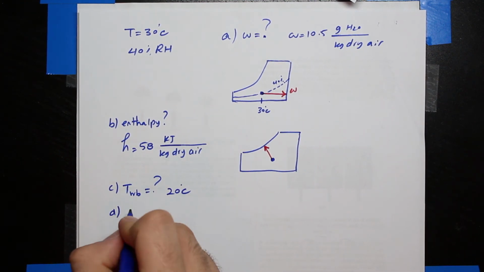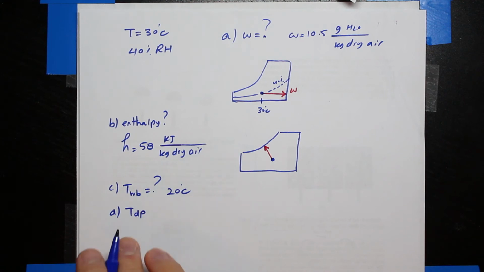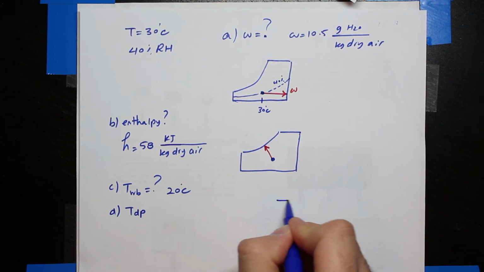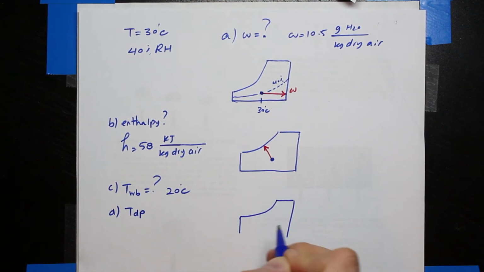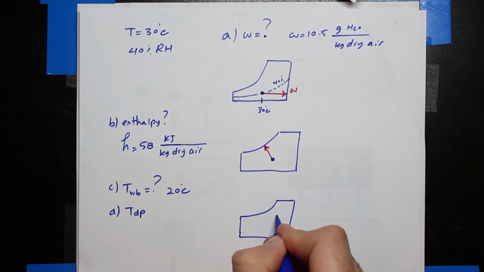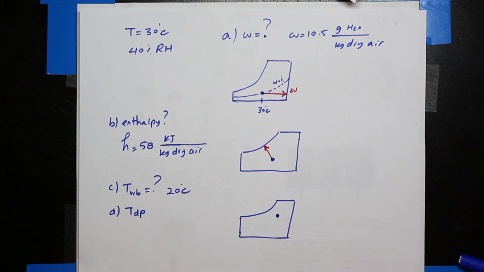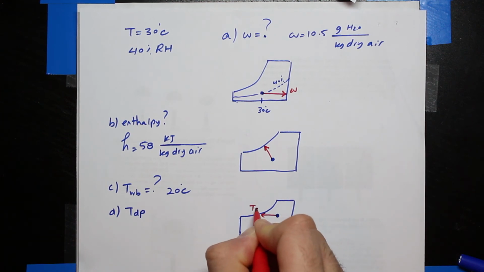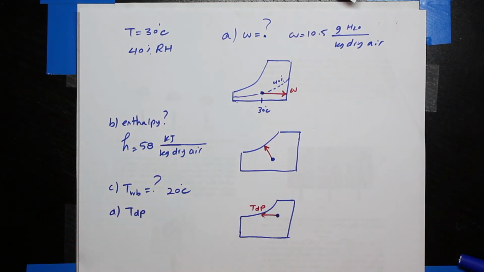In part D, we are looking for dew point temperature. Now, as I said, for dew point temperature, this is what you want to do. Let's say this is the psychrometric chart. This is your point. You want to go horizontally to the left to read your dew point temperature. The reason behind that is in dew point temperature, the concept is to obtain the temperature at which condensation occurs.